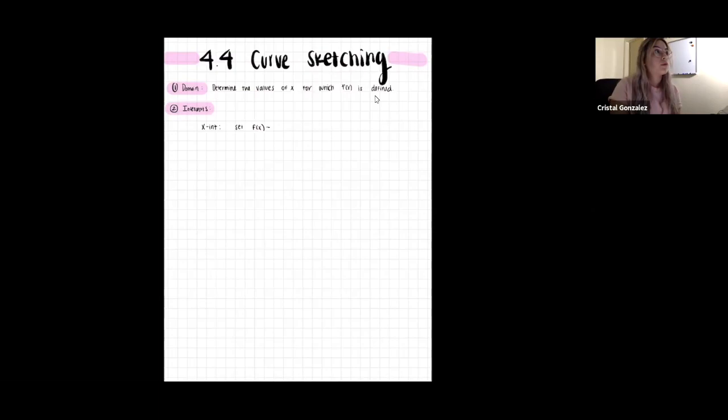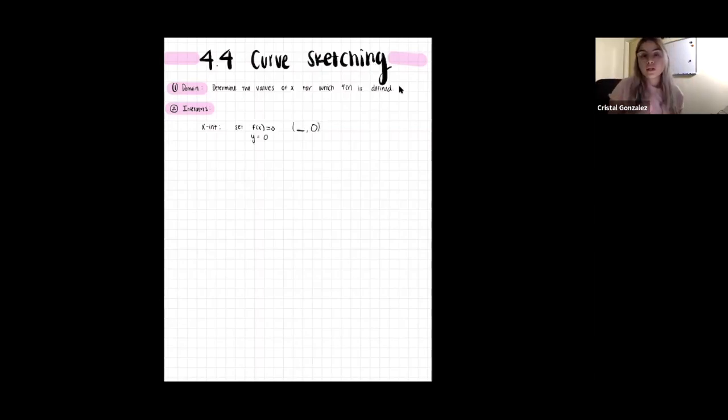And then we will solve for our x values. And so you'll have an ordered pair where you have some value for your x value, and then your y value will be forced to be 0, or your output will be forced to be 0. Okay, so that's always something to keep in mind.